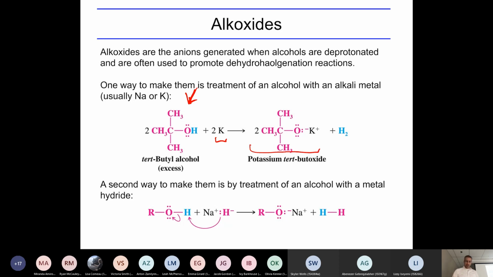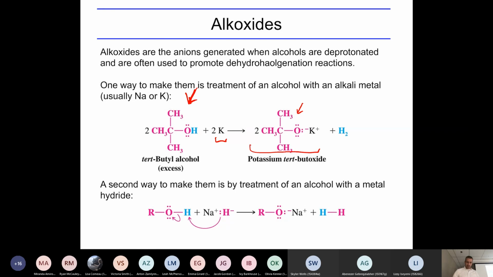I said that alkoxides can be nucleophiles or bases. If it's really big and bulky like this, it actually makes for an awful nucleophile. Because nucleophiles have to come in and attack, come close to the carbon, push the back methyls or whatever is there out of the way, and form an oxygen-carbon bond. That's difficult for it to do if it's got all this baggage coming with it.